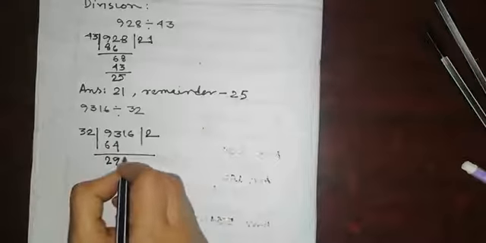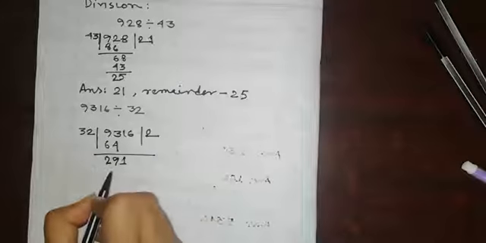Okay, then we need to put 1. Okay, now how many times will it be? Look at there, we have to multiply the first 2 numbers with 3, that means 3 9s are 27. So we try at first with 9.